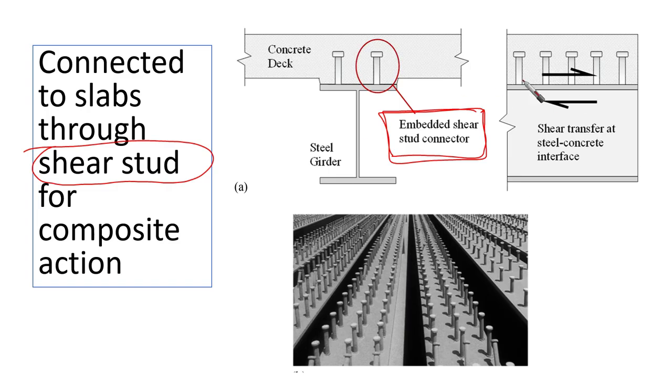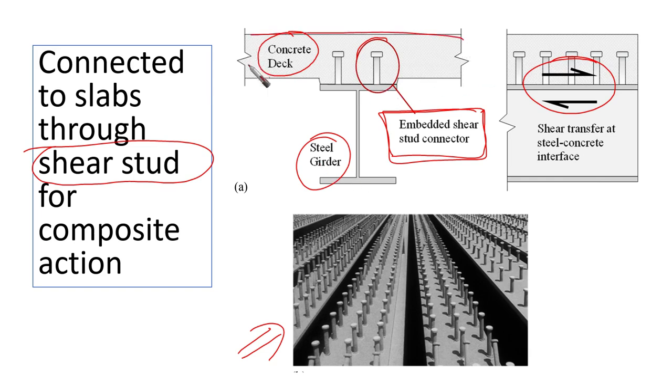The concrete deck is poured on it, and then this embedded shear stud connector is going to transfer the loading on the concrete deck through shear flow to the steel girder, as you can see here. So there is a shear transfer at the steel-concrete interface that makes the steel beam work compositely with the concrete deck.